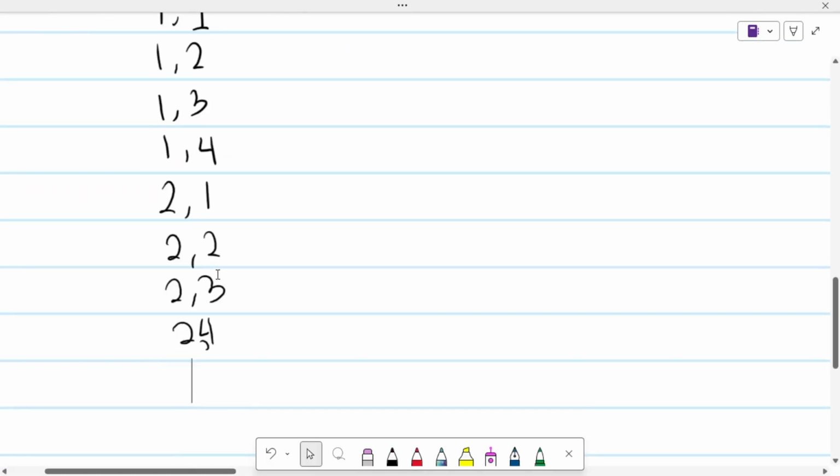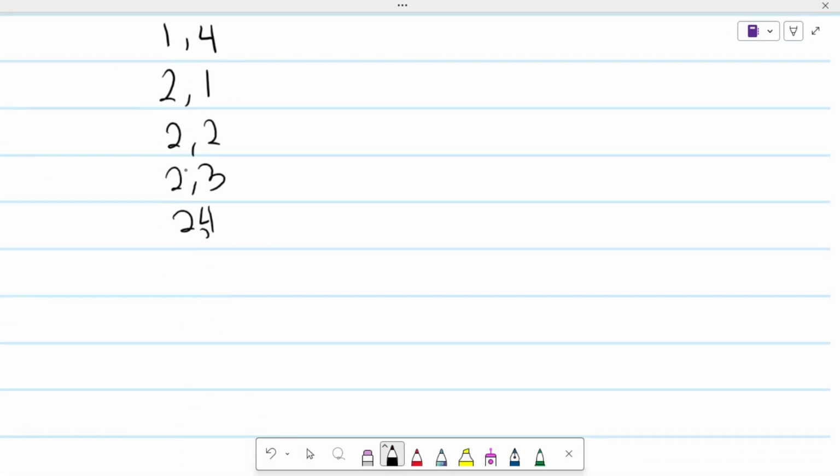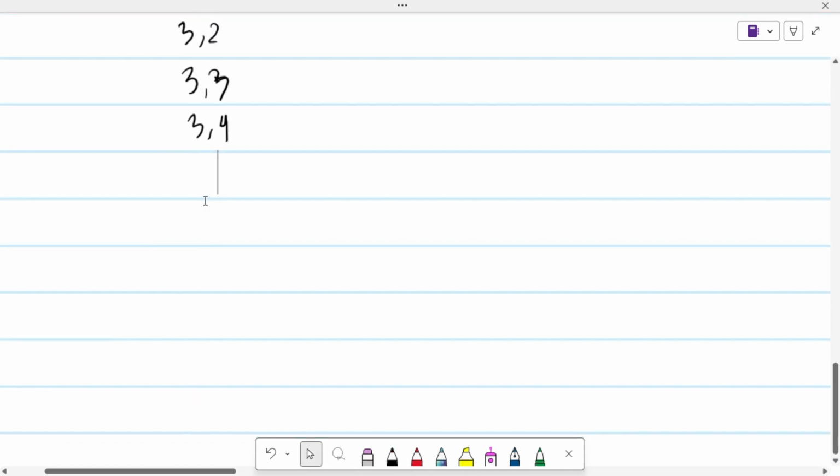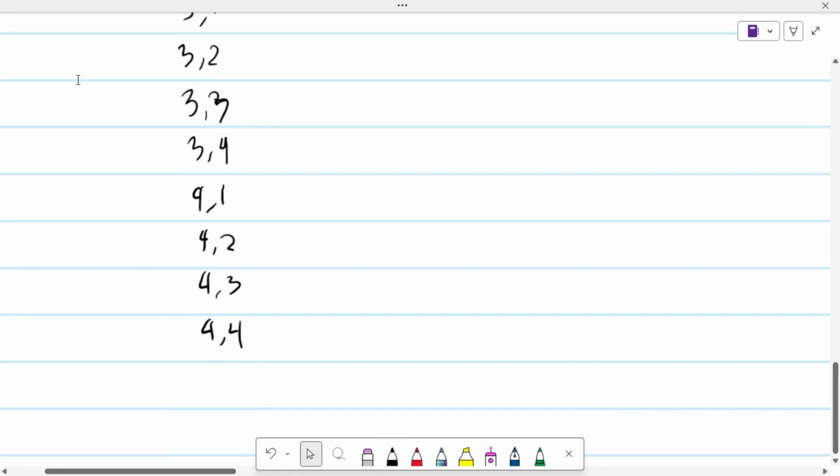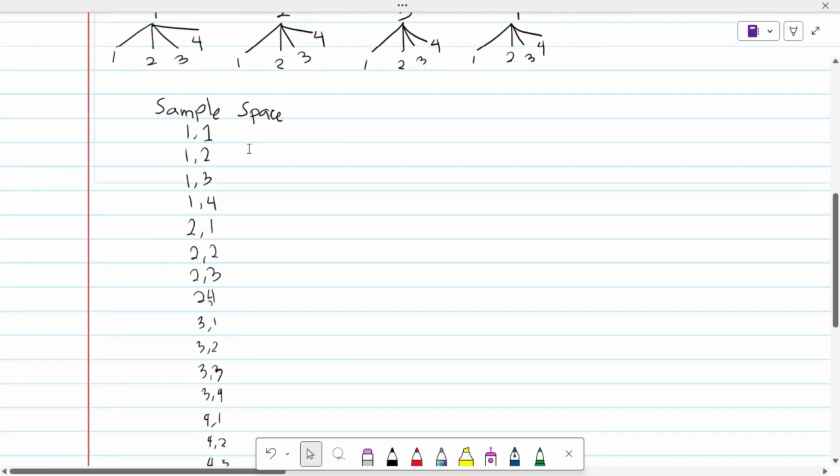We have another set: 3,1; 3,2; 3,3; 3,4. Another: 4,1; 4,2; 4,3; and 4,4. So these are our sample space.